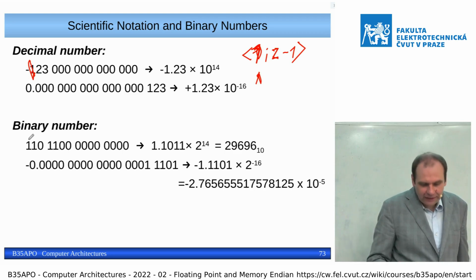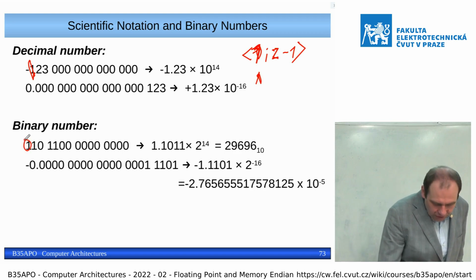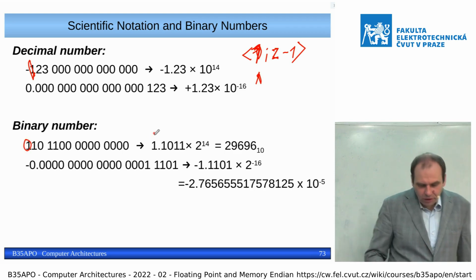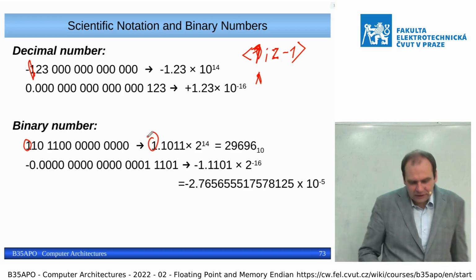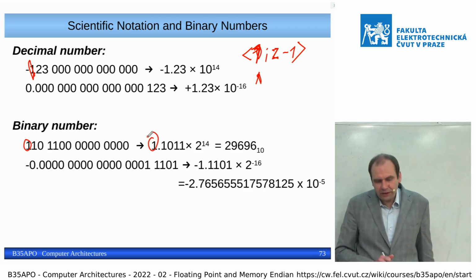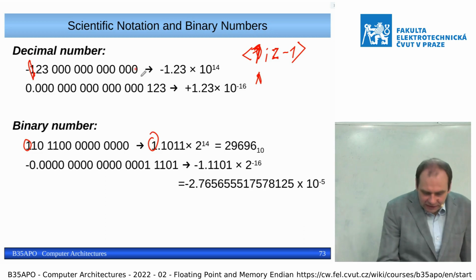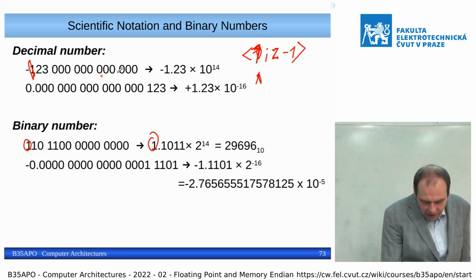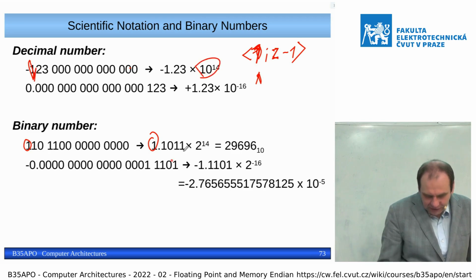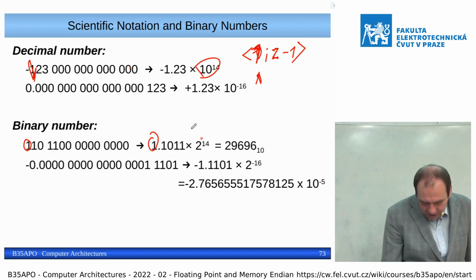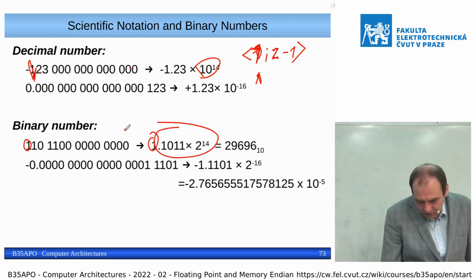For binary, because we can have only two values here, there has to be exactly a single 1 before the fraction point. In this case, it is 14 binary digits, not 14 decimal digits. It is not the same number, for sure.